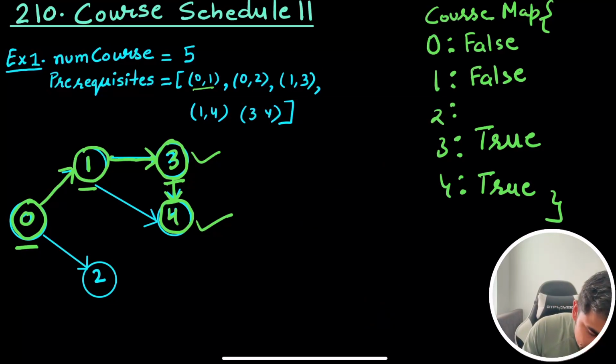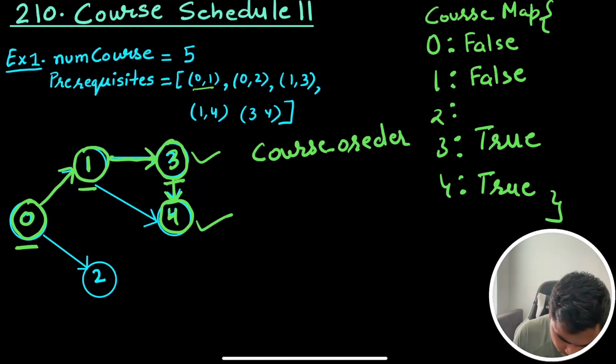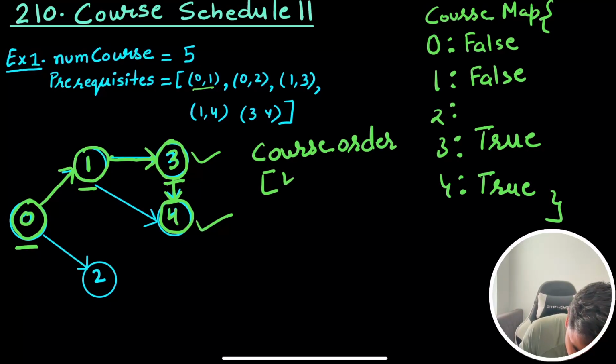So what I'll do is create a course order list right here. Because I visited 4, it's fully visited, so when I'm marking this true, I'll also append it to my course order that I can take.